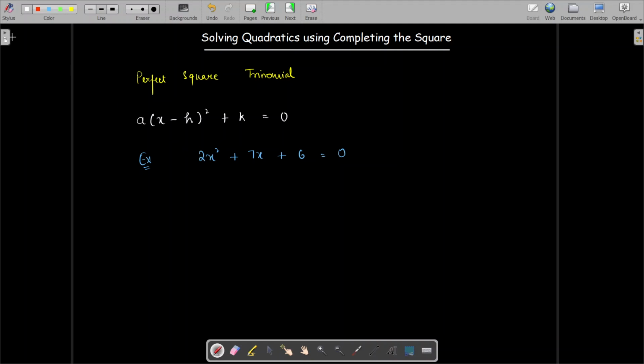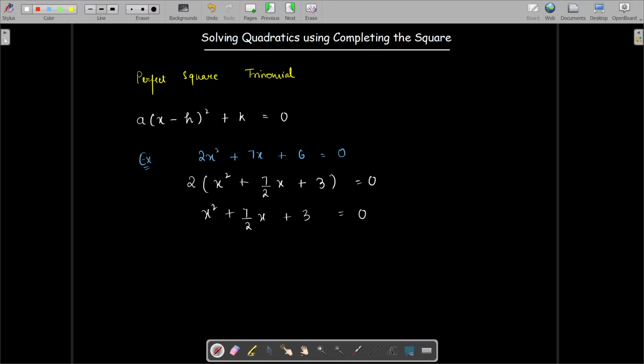If the leading coefficient is not 1, the first thing you need to do is factor it out. So you get x squared plus 7 over 2 x plus 3 equals 0, because 2 times something equals 0, and we know 2 is not equal to 0, so this expression has to be equal to 0.